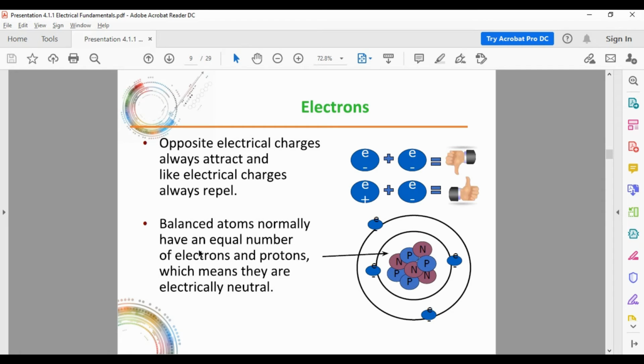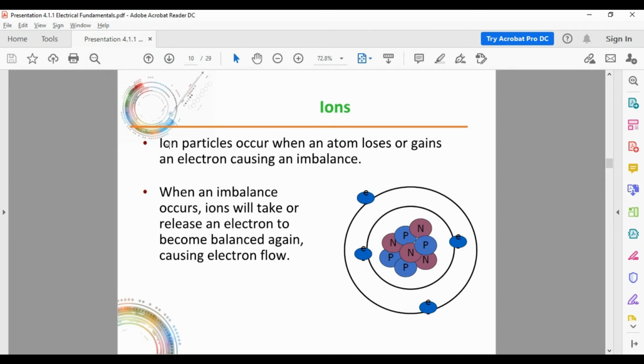Balanced atoms normally have an equal number of electrons and protons, which means they're electrically neutral. They can have as many or as few neutrons as they want. In the case of this atom, would that be lithium? I'm trying to remember. But there's 4 protons, there's 4 electrons. For stability purposes, that's what you want.